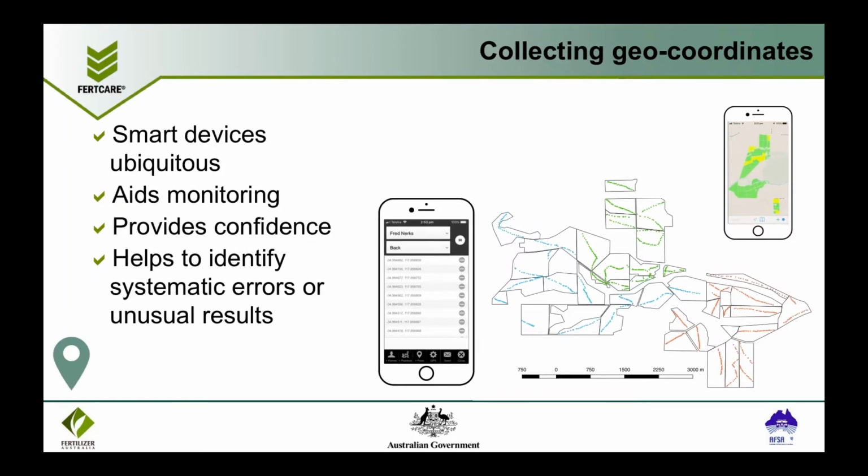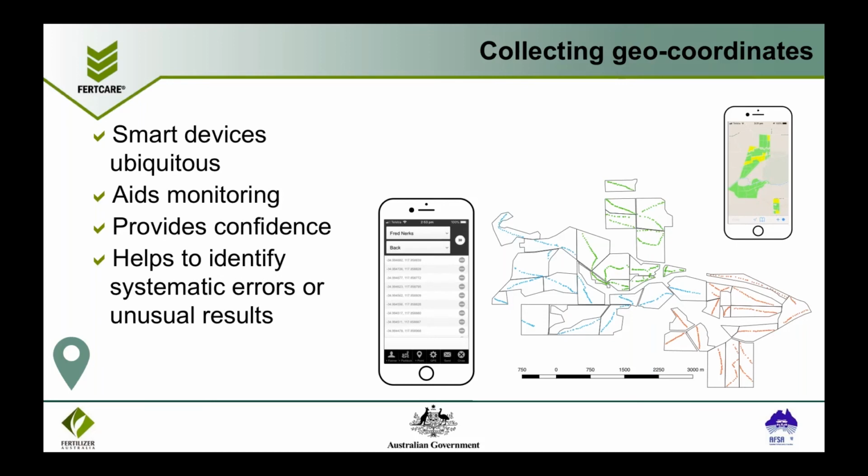Jeff mentioned that collecting geocoordinates has become a really important part of the new Fertcare standards. And with smart devices, pretty much all of us are out there now with a mobile phone or some sort of tablet, and it's relatively straightforward, either using off-the-shelf packages or roll your own packages, to collect geocoordinates.